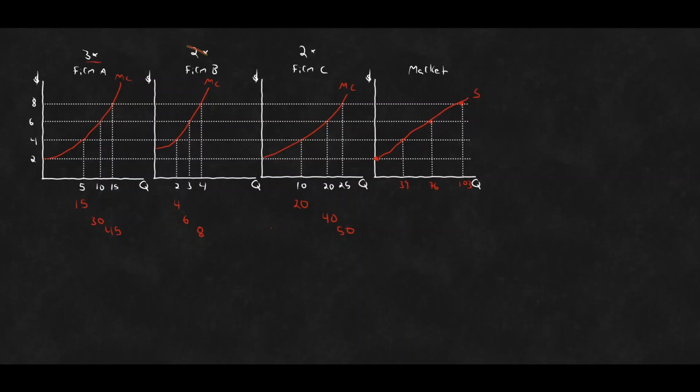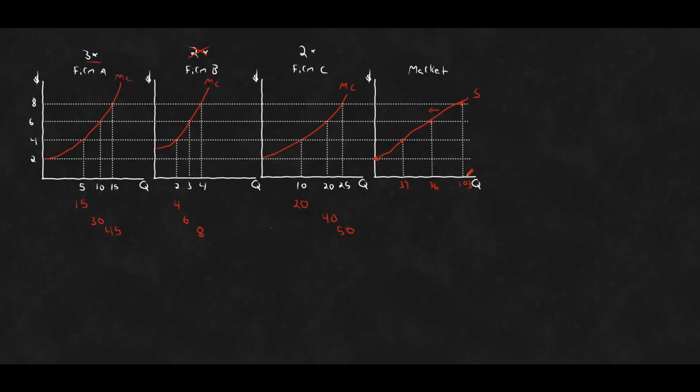Alternatively, if we just altogether got rid of firm type B, that would be less supply at every price level. So that would be our supply curve shifting to the left. So again, just by changing the number of firms that we're aggregating, that we're adding up, we can change that market supply altogether. Great, this gives us our concept of supply and where market supply comes from.